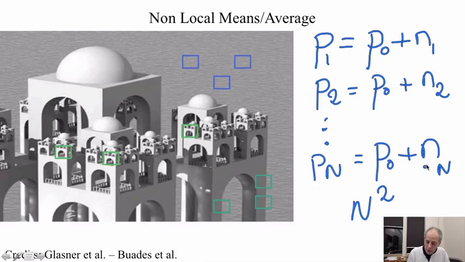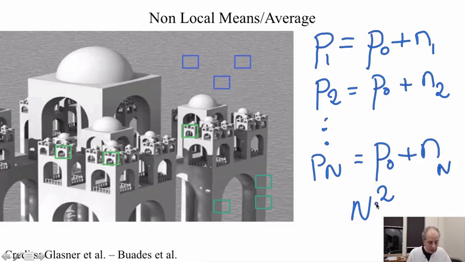So this is one of the motivations of non-local means: maybe I can find repeated structures that are identical or at least very similar. The noise is different all around, and I can reduce that noise by averaging, just because of this.